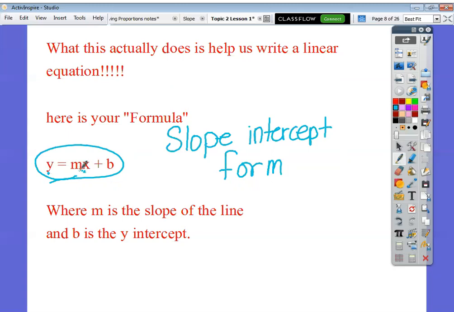They are not coming out of this equation. Your m will be replaced. So your m right here will be replaced with a value. And that value will be the slope of your line. The b is going to also be replaced, and that is your y-intercept. Okay?